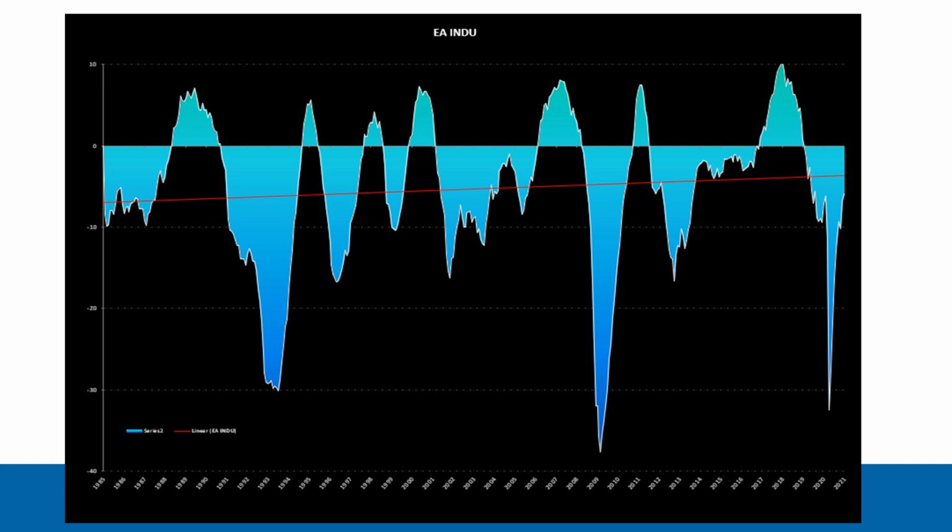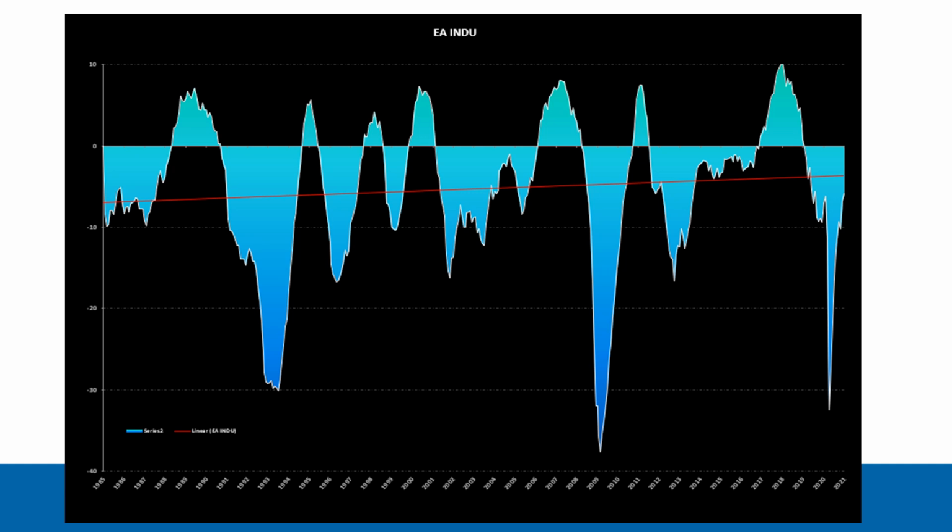Now, a couple of things to note here. If you look at the scale on the left-hand side, you'll see the zero bound level, and you'll see positive 10 in the upper scale, and negative 10, negative 20, and negative 30. You'll notice that we haven't included positive 20 and positive 30 on the positive scale, because there haven't been any readings that high since data began in 1985 for the industrial confidence indicator.